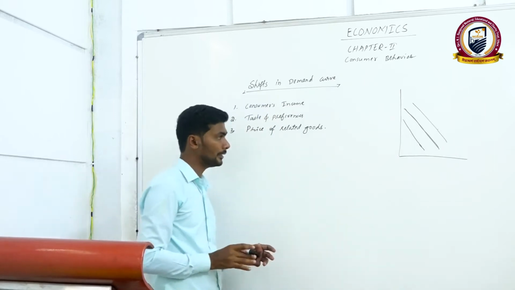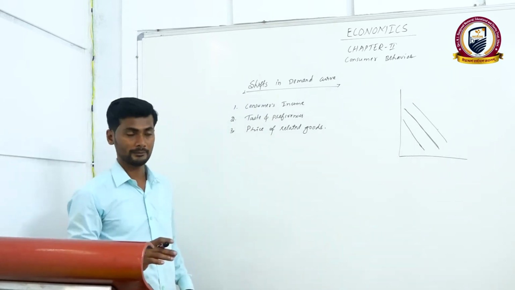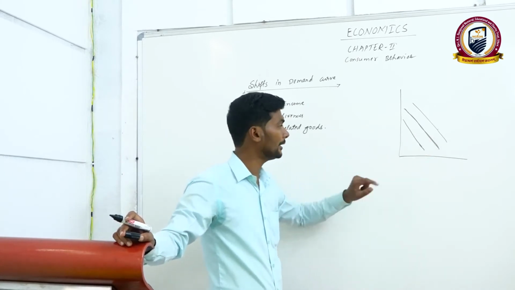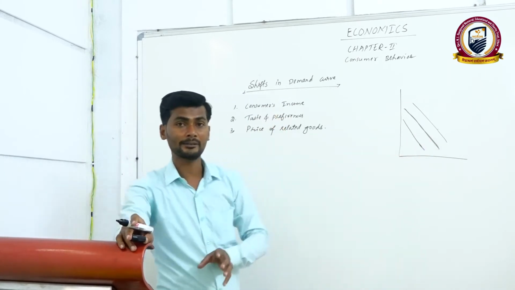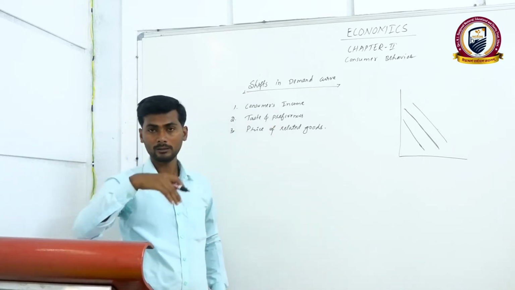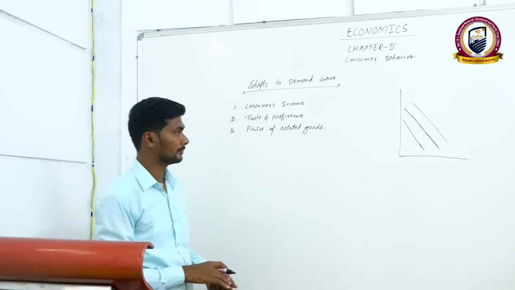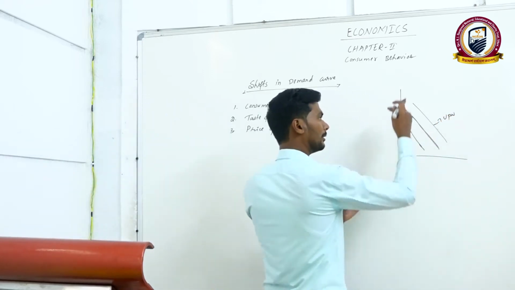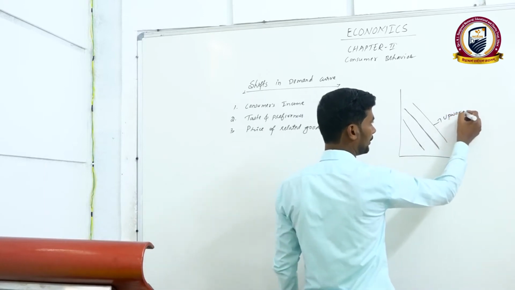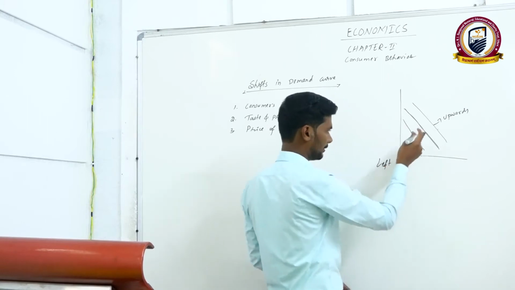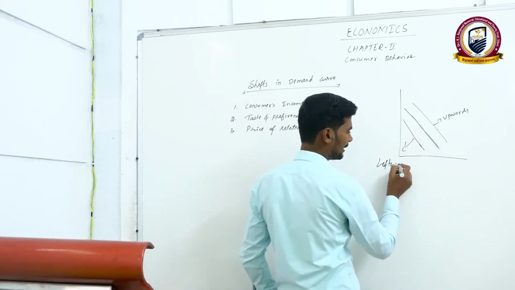If the demand curve shifts to this side, you can call it a rightward shift, upwards. If it shifts to the lower side, you can call it a leftward shift.